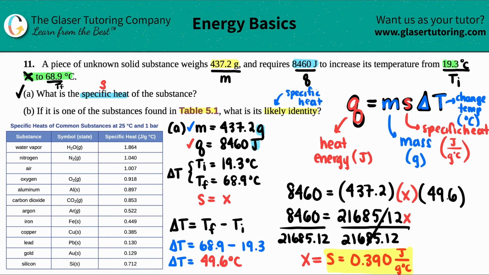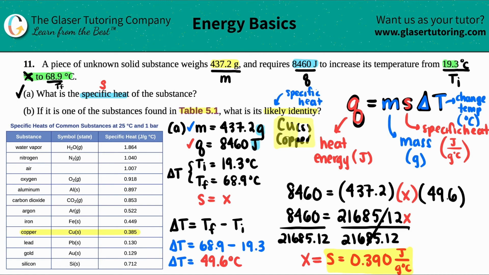So that's what this table is all about. This is the table 5.1 that they're talking about. I'm just going to look for my specific heat number. The specific heat was 0.39, and I see the closest one is copper, 0.385. So this substance is copper solid, or just copper, whatever you want to say.